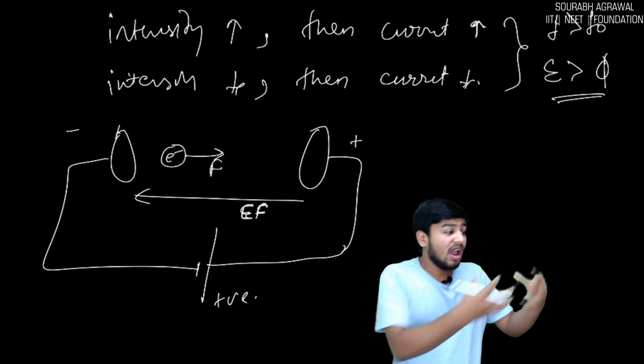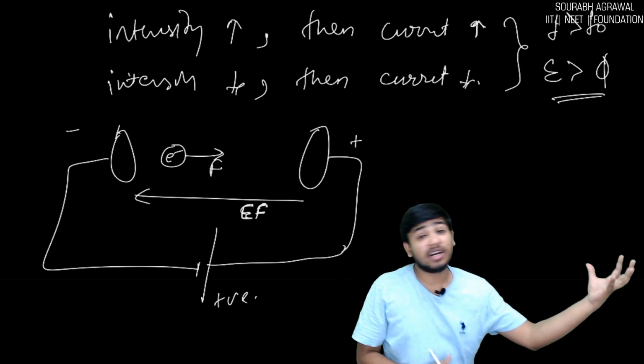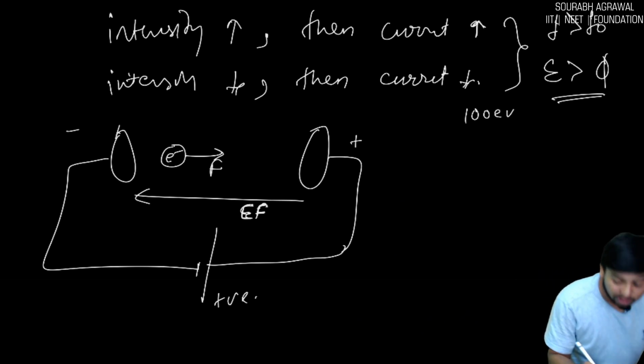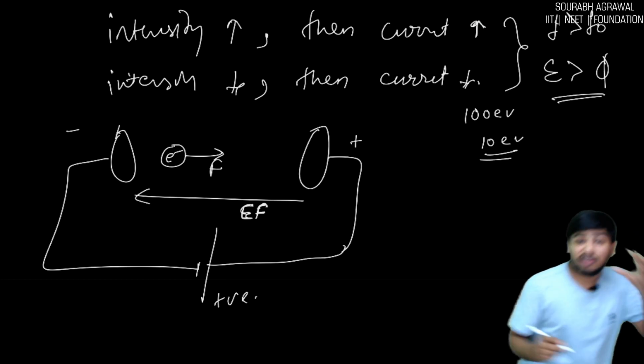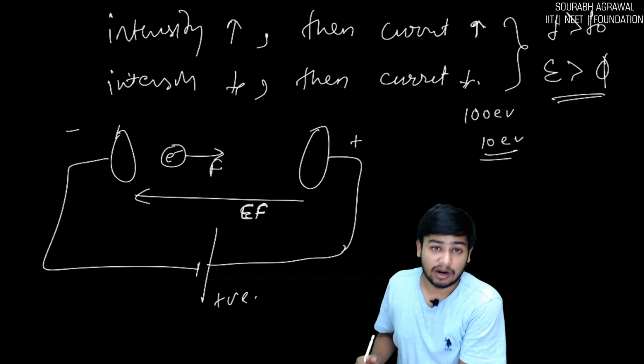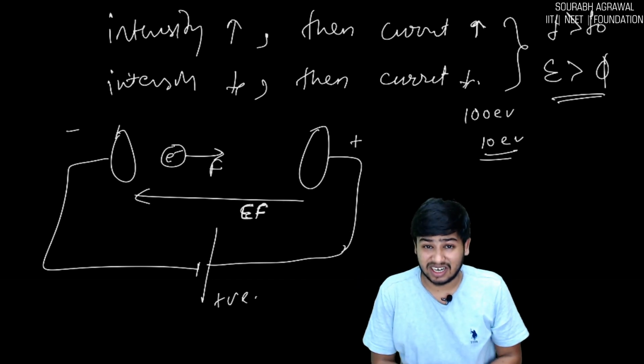Maybe initially, when no potential difference is there, 100 electrons are coming out, of which only 10 electrons have that kinetic energy such that they will reach the next part. Are you getting my point? That it can complete the circuit.